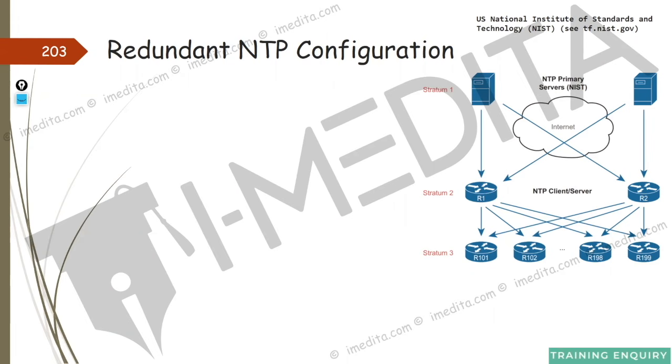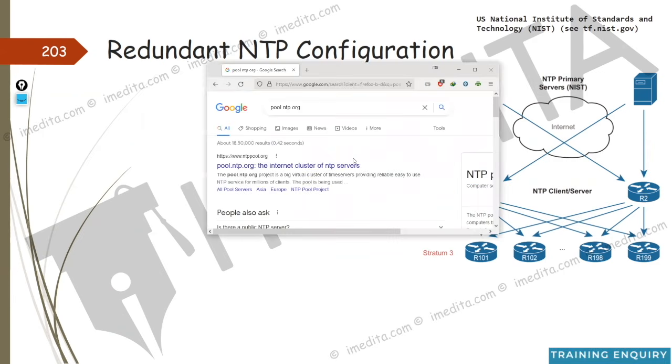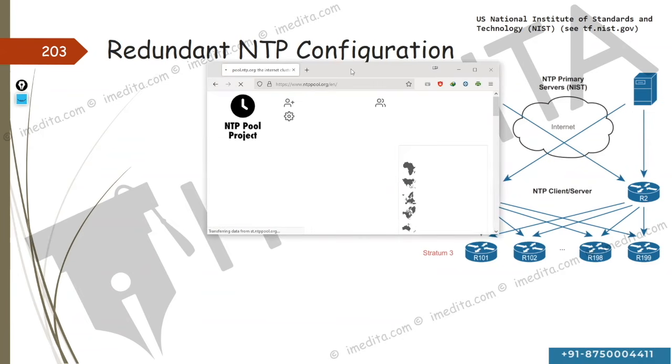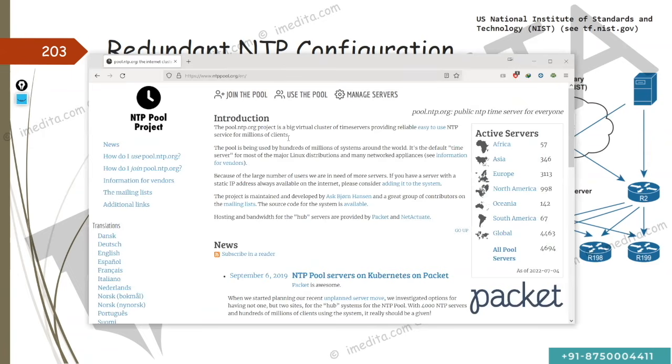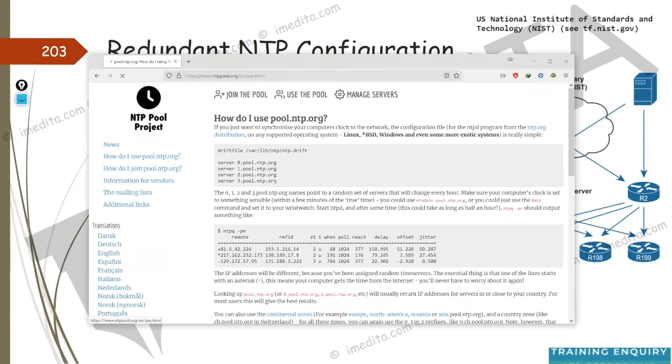And there are websites where you may need to purchase NTP services. If you look at pool.ntp.org, this is a cluster of NTP servers. And you can use this to synchronize time if your company wants to synchronize time.